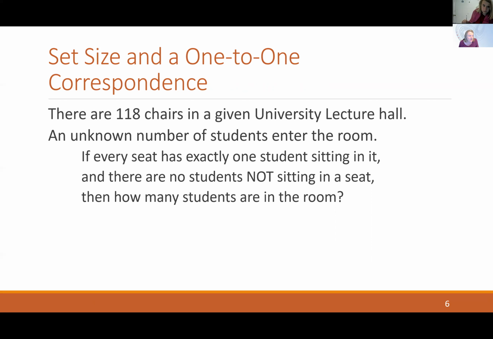Okay, so there's 118 chairs. Every seat has exactly one student sitting in it, and there are no students not sitting. How many students are in the room? Go ahead and drop your answer in the chat.